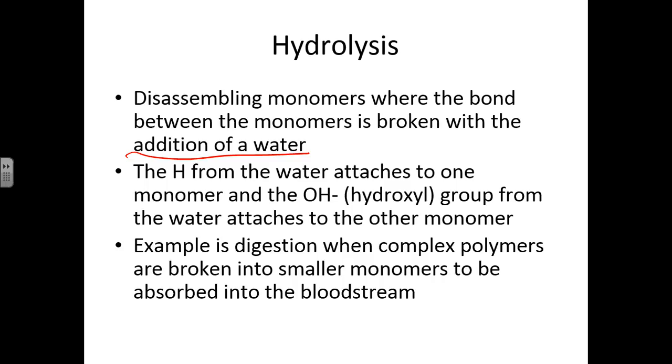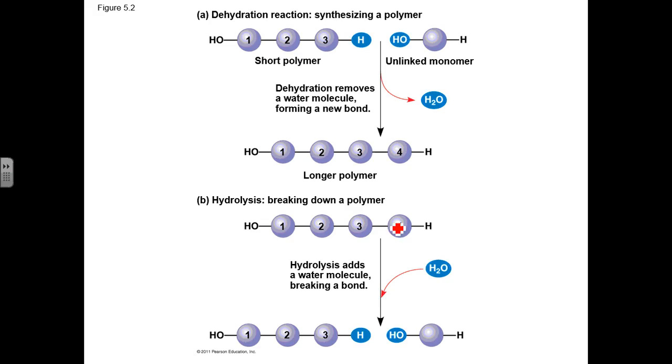Those are really, really complex carbohydrates. They're large. What's going to happen in that digestion process is it's going to split that large polymer, that carbohydrate, into simple, tiny sugars, which is why your blood glucose goes up when you eat a lot of pasta, because you're breaking that large carbohydrate down into simple glucose sugars. And in that process, we have to add water to it.